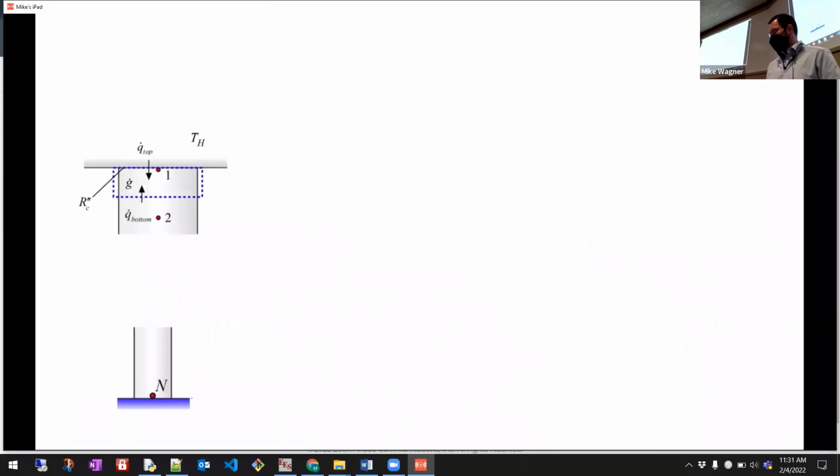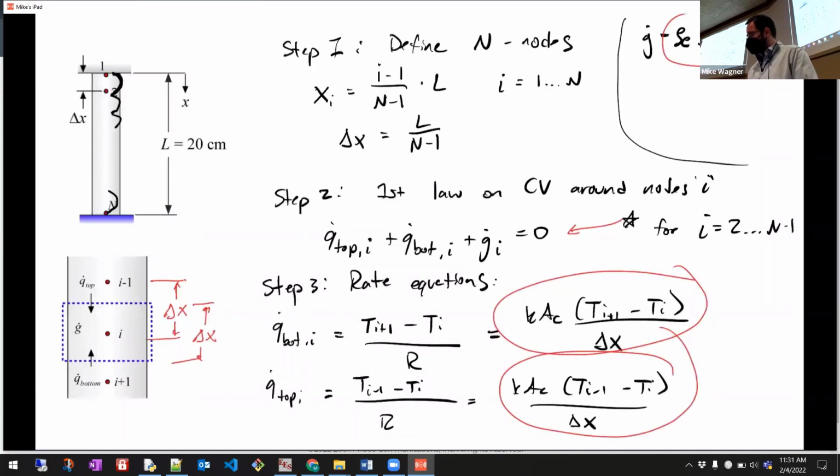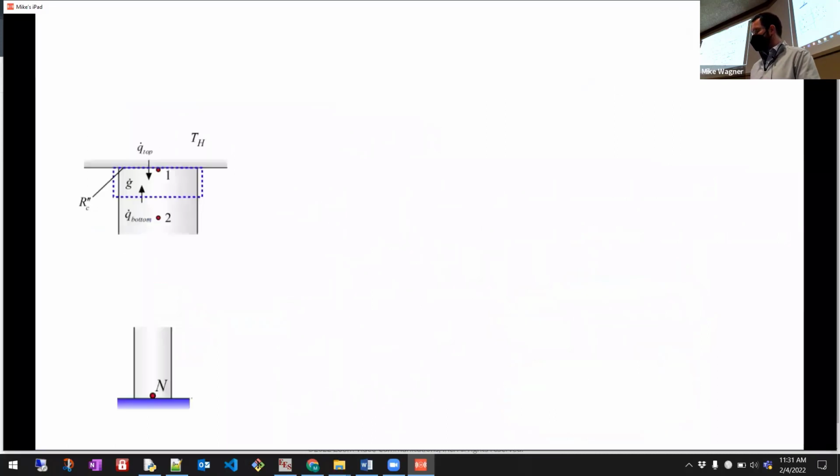Okay, so that brings us to the boundary conditions. All right, so what we're going to do is repeat the same process. So we go back to our second step. What do we say for the second step? We've already defined the nodes. The second step is first law on the control volume. So step 2 again is first law on the control volume.